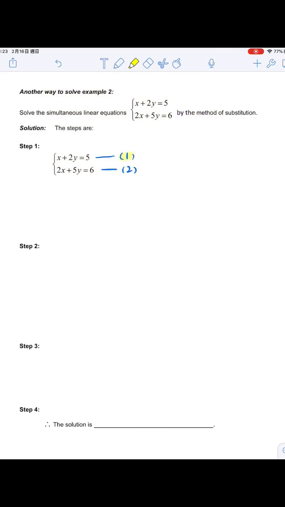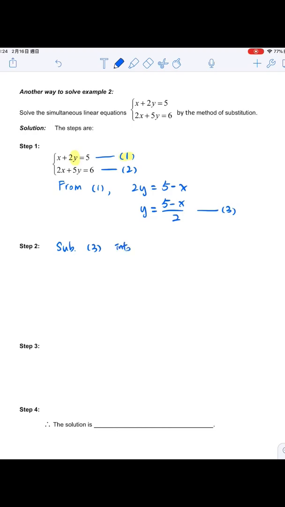And then we choose one of the equations, say equation 1, and this time we choose y to be the subject of the equation. So, from equation 1, we have 2y equals 5 minus x. And so y equals (5 minus x) over 2. And we label this as equation 3.